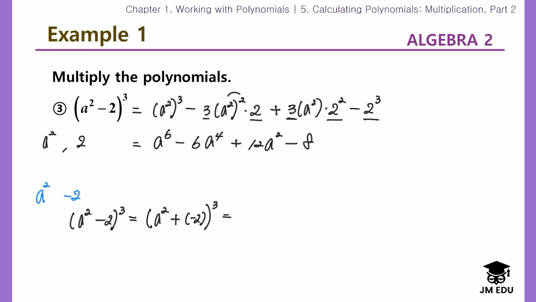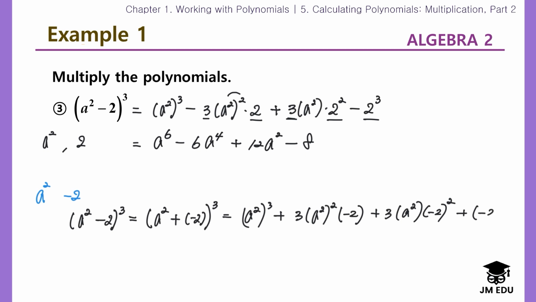Then we can write this binomial cube as first term cube plus 3 first term square times second term -2 plus 3 first term, second term square plus second term cube.